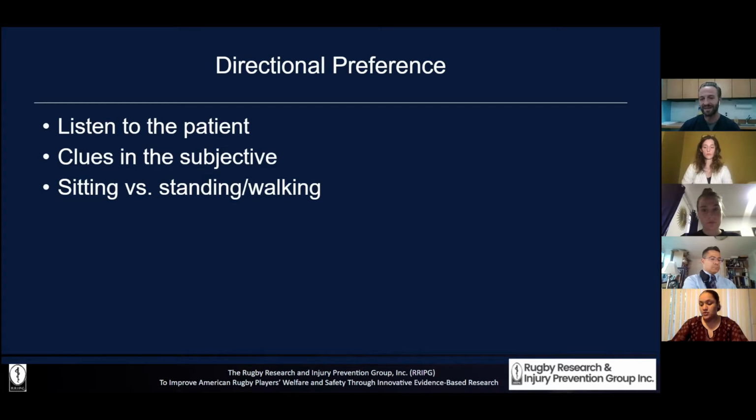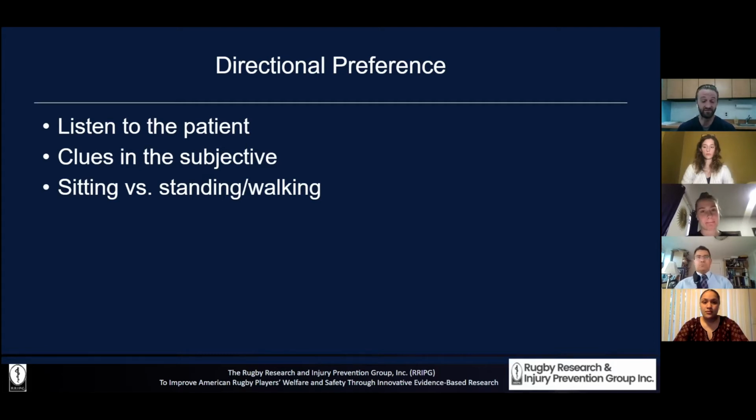So when I'm listening for a directional preference, getting clues during that subjective exam, the key questions for a patient that's coming in with low back pain are basically about sitting, right? How does sitting affect their symptoms? And how do standing and walking affect their symptoms? Because if we think about the lower back, what does it do?